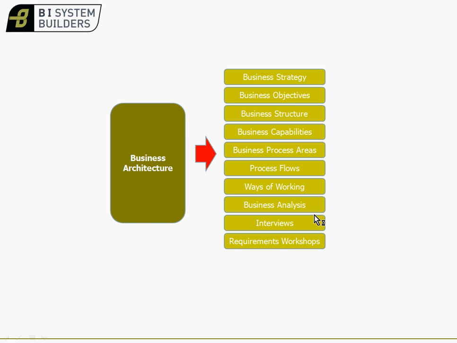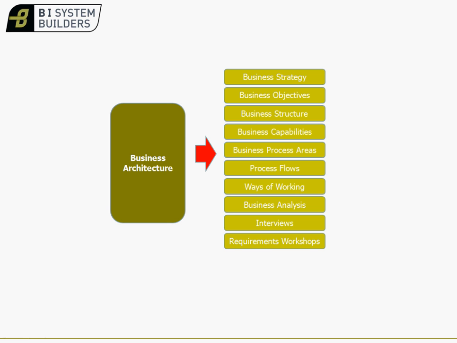The way to do this is through carrying out business analysis, one-to-one interviews, and requirements workshops. But make sure that you understand the business architecture and what the business wants to achieve before you launch yourself into defining what the solution architecture will look like.